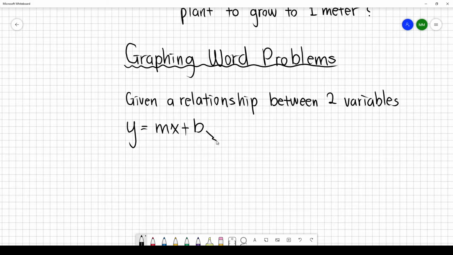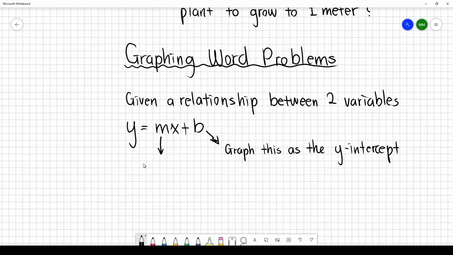So graph this as the y-intercept, and then graph this as the rate of change because it's the slope.